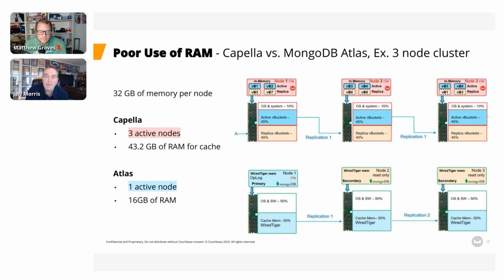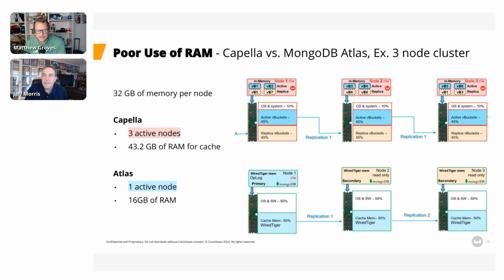And then the remaining half to the active virtual buckets that are being hosted by a node, and then the other half for the replica virtual buckets. But what you end up getting here is the accumulated cache for all of these, in the active state for all the cluster. So I get, what, 45% of each node as my active cache. So my cache is almost 4 times or 3.5 times bigger than what Atlas would do for caching Wired Tiger. Did I get that right, Matt?